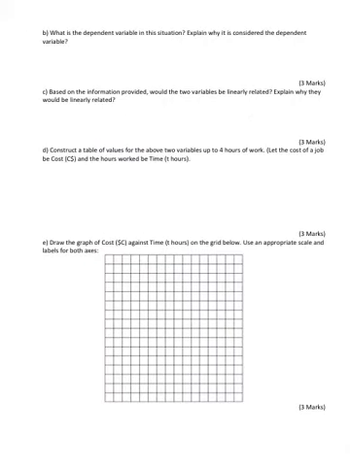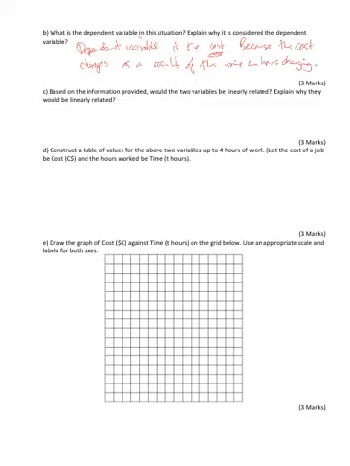Next, what is the dependent variable? We already established that there, so this should be easy marks. Dependent variable is the cost, because the cost changes as a result of the time in hours changing.